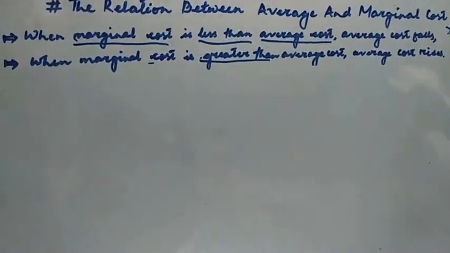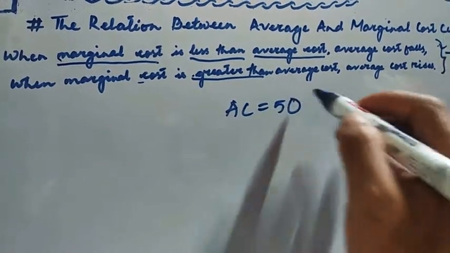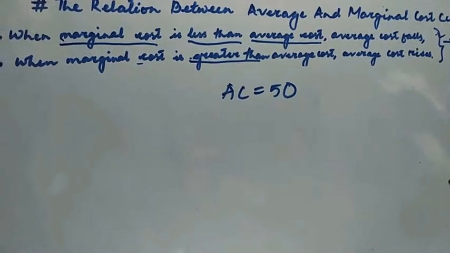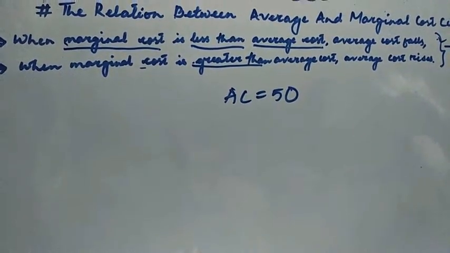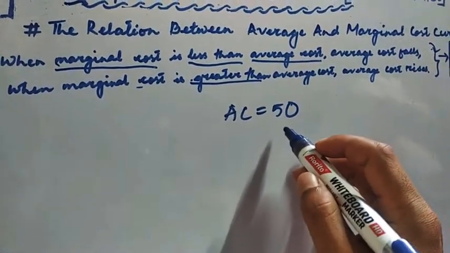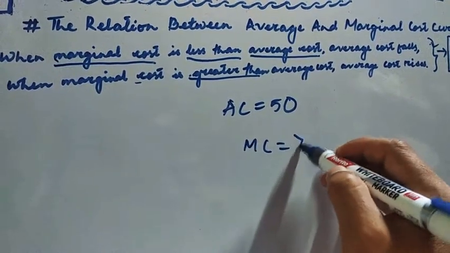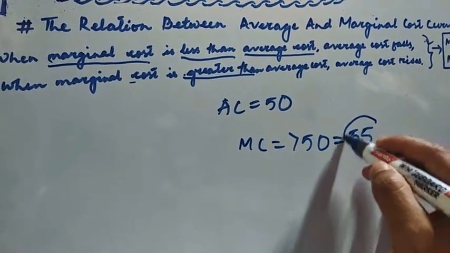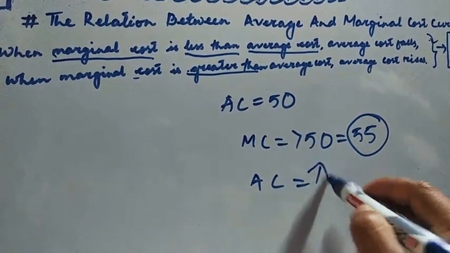On the other hand, here average cost is 50. If the cricket player scores higher than the average score, or let us say if the cricket player's marginal cost is greater than 50, let us say 55, then his average cost will rise.